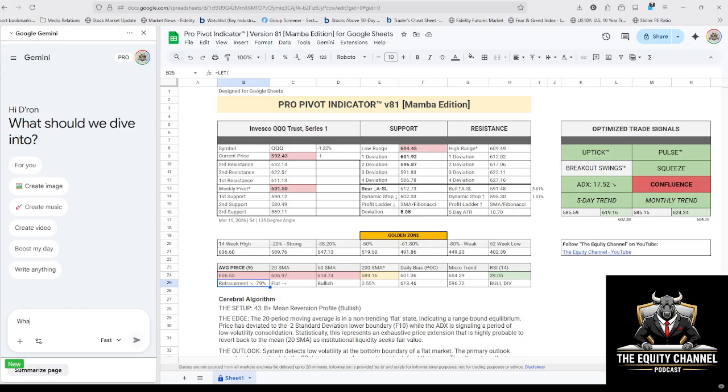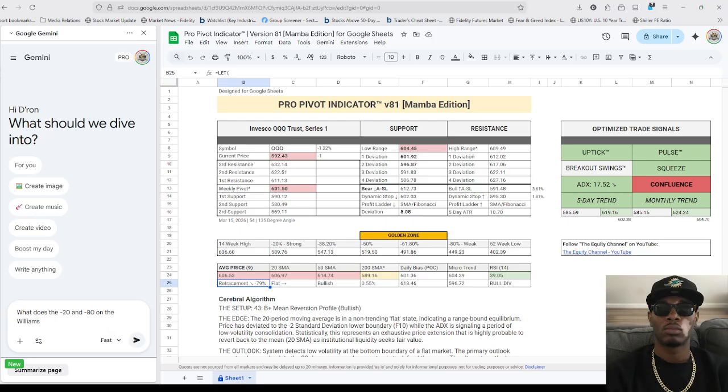So here's what I'm going to do. We're going to punch this in AI. What does the negative 20% and negative 80% on the Williams percent R represent, and what are all of the angles to look at them from for an analysis?